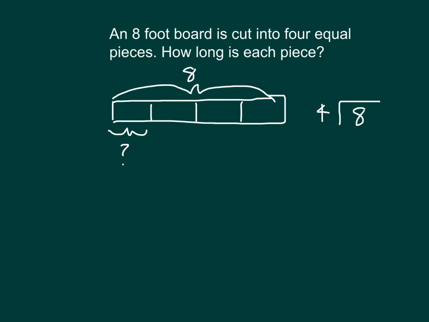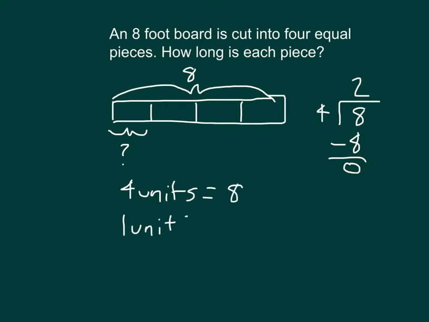4 goes into 8 2 whole times, because 2 times 4 is 8, and 8 minus 8 is 0. So 4 units does equal 8, and 1 unit is equal to 8 divided by 4, which does equal 2.